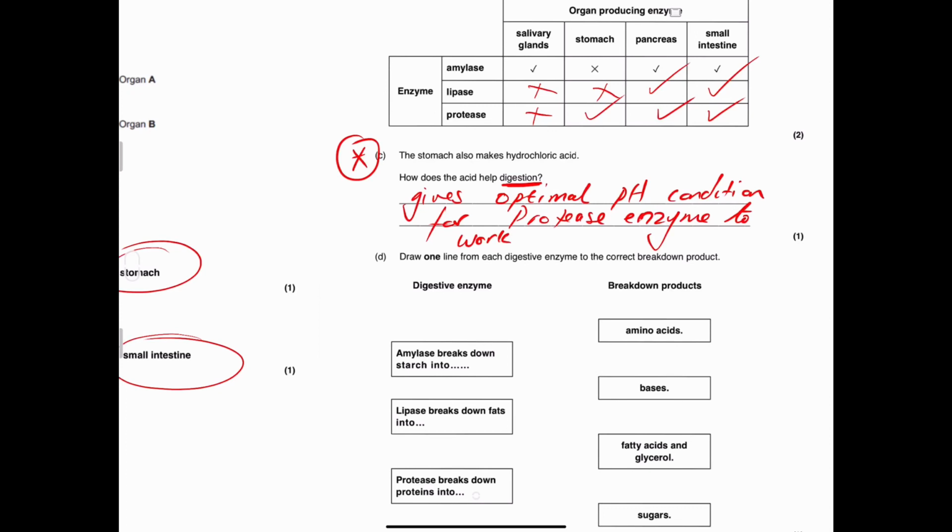So this was a bit of a harder question, but I wanted to put it here just for you to be aware of how exam questions can be a bit tricky if you're not reading it precisely, and also that you need to be aware of enzyme activity, which we will come on to next week. So this one gives optimum pH condition for protease enzyme to work.